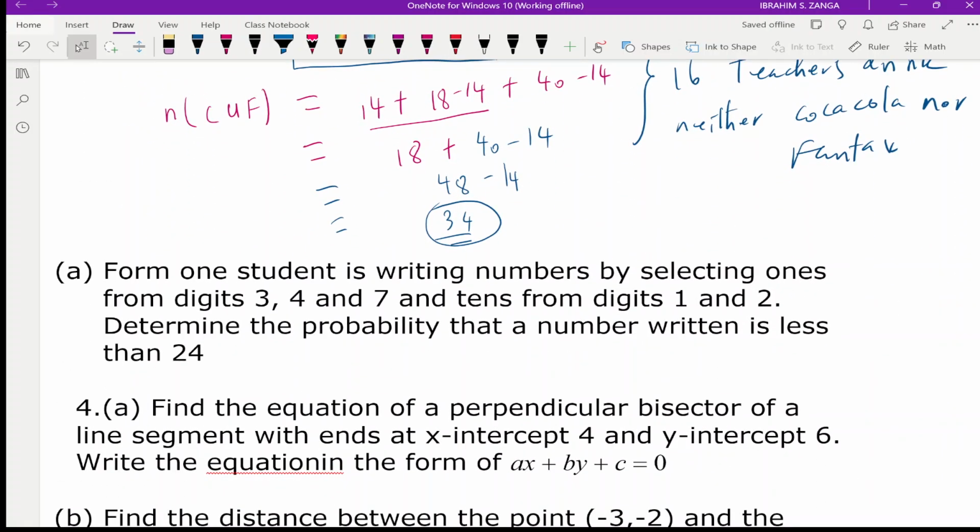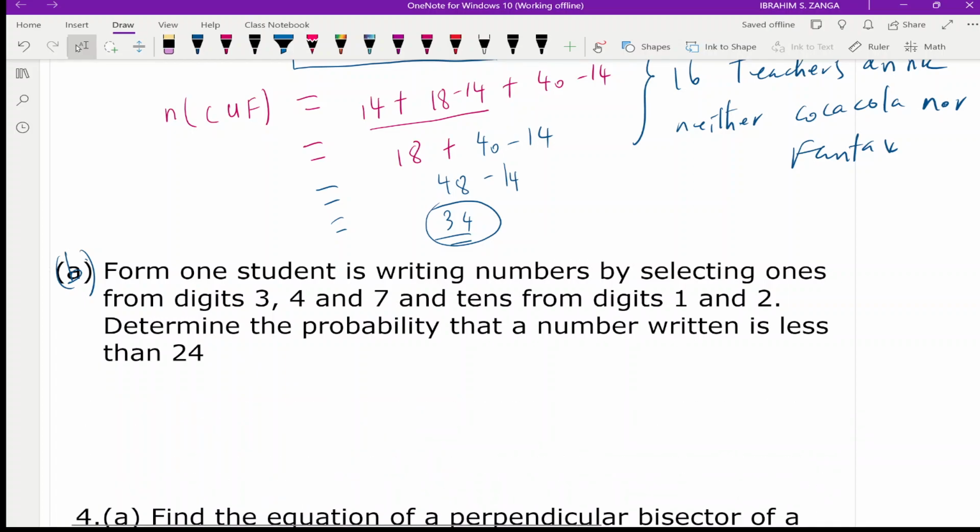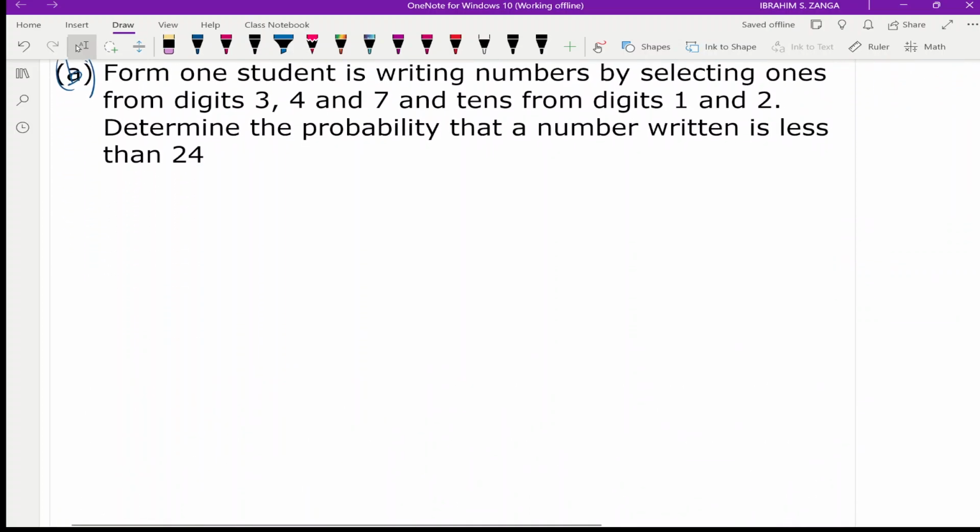We continue, and this is question number 3B, sorry. Just understand that this is supposed to be B. We were told that Form 1 students, it is a probability question, of course, are writing numbers by selecting ones from the digits 3, 4, 7.